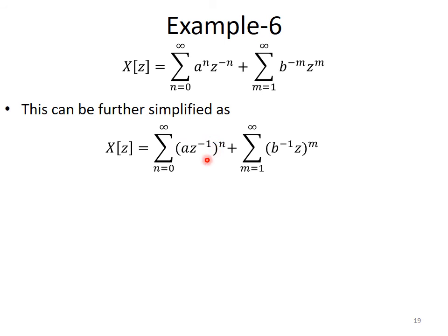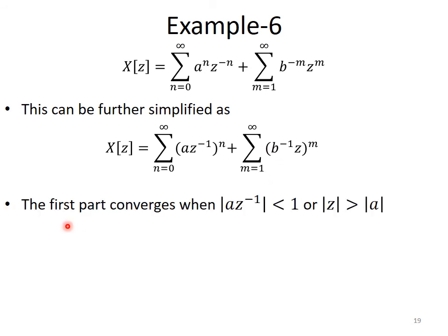Now we know that this sequence is converging as long as the magnitude of a into z power minus 1 is less than 1, and this sequence would converge as long as the magnitude of b power minus 1 into z is less than 1.